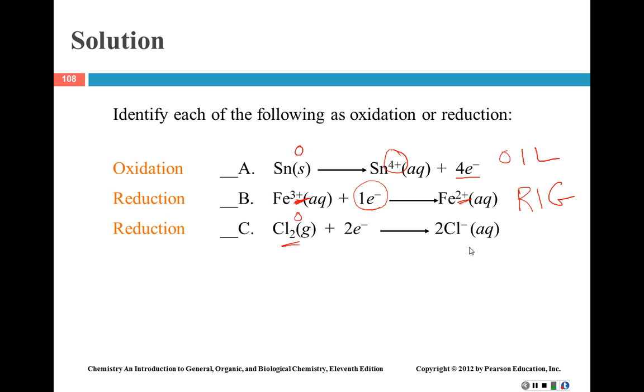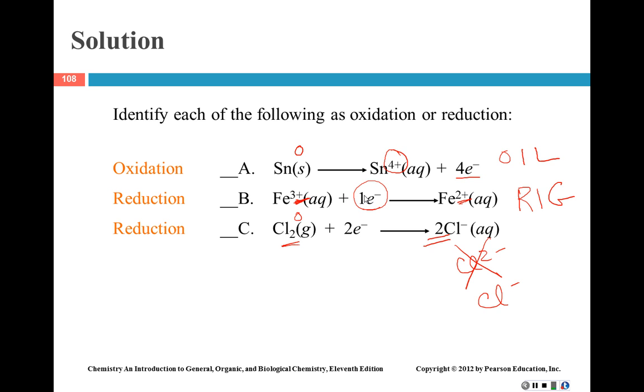Now, chlorine cannot form a Cl2-. Okay, chloride will only become a Cl-. So that's why we have to give a coefficient in order to say how many of these are on this side. Notice what we're doing is we're balancing the pluses and the minuses. Okay, so we've got +3 and -1.